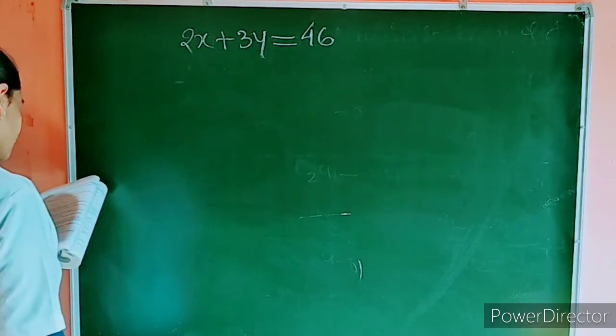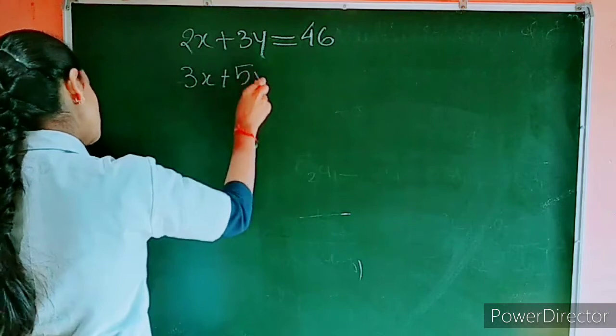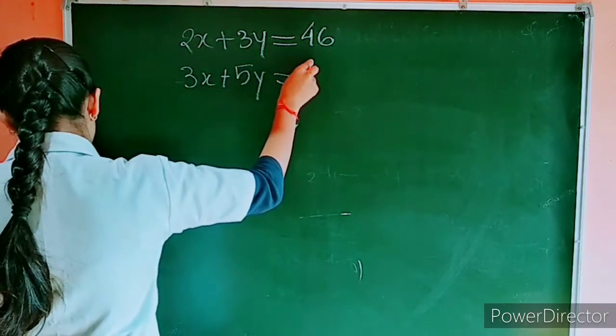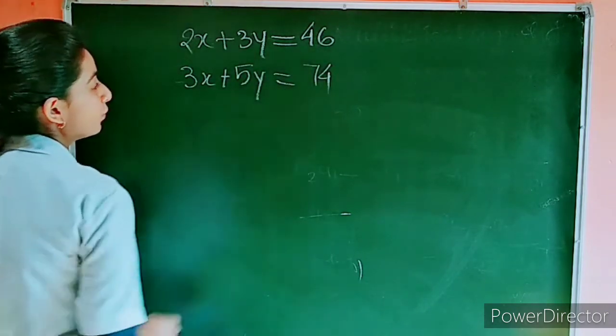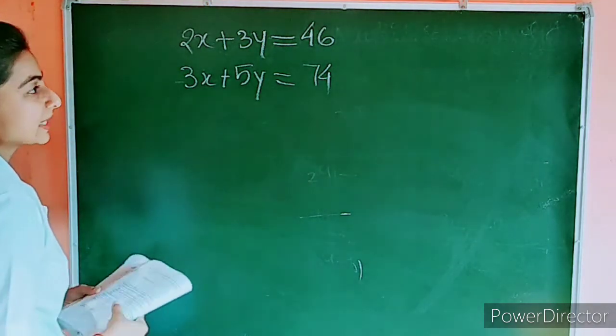If we buy 3 tickets to Mangaleshwar and 5 tickets to Yeshwantapur, we get rupees 74. Now we got two equations. Now put them in our standard form.